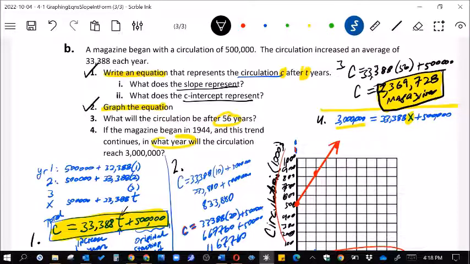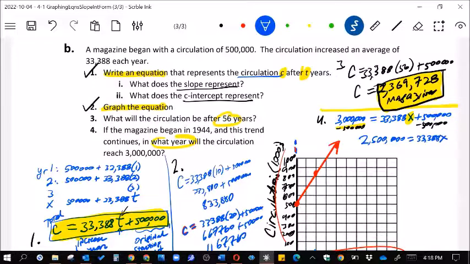So I'm going to subtract 500,000 from both sides, which gives me 2,500,000 is equal to 33,388x.